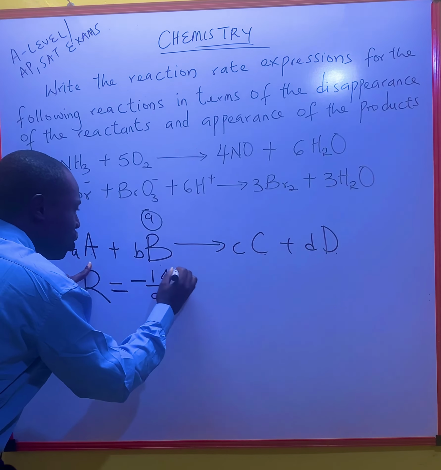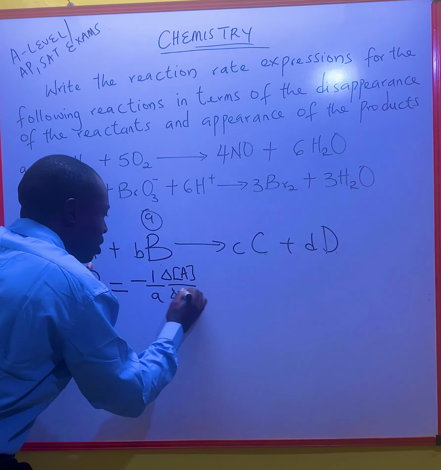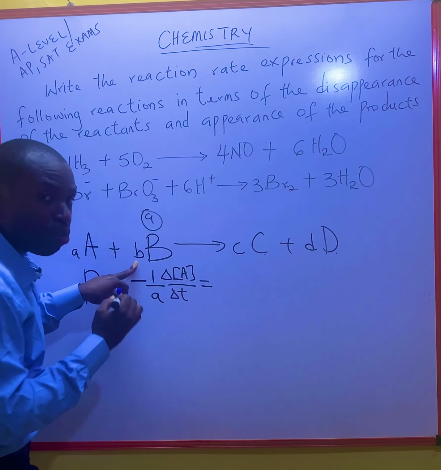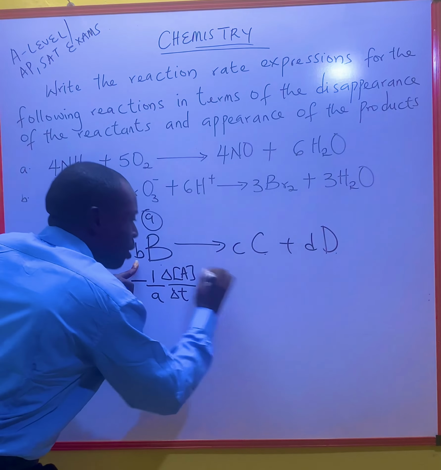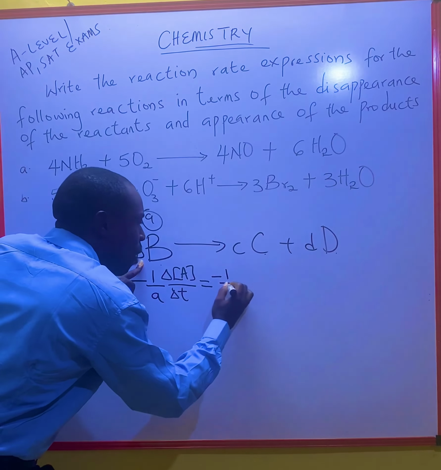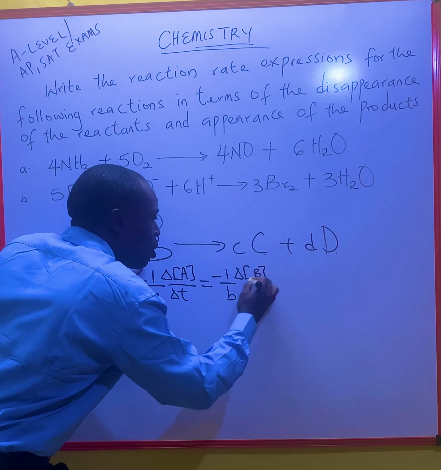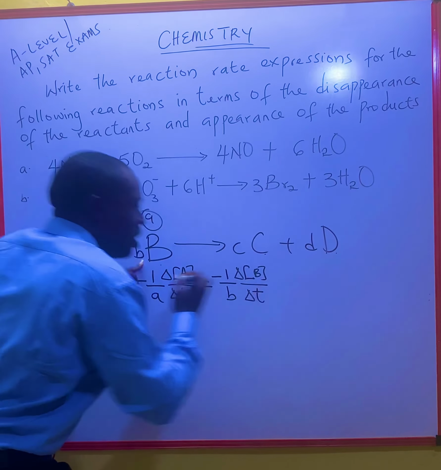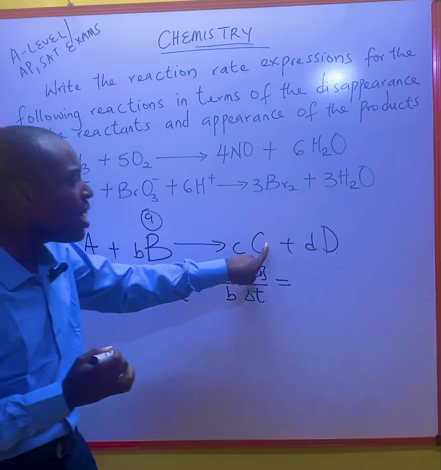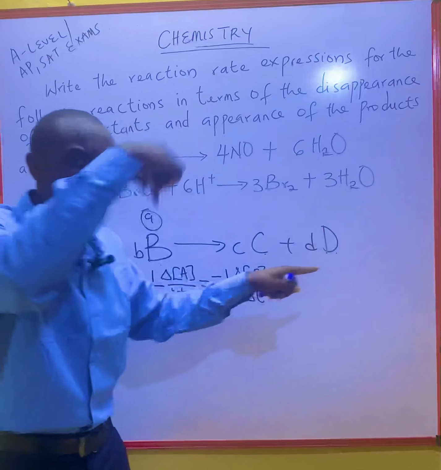Then the change in the concentration of A over change in time equal to, of course, B is also a reactant, so it takes minus first. Then this coefficient will become 1 over b, change in the concentration of B over change in t, equal to, because C and D are formed or they are appearing, they take positive sign.